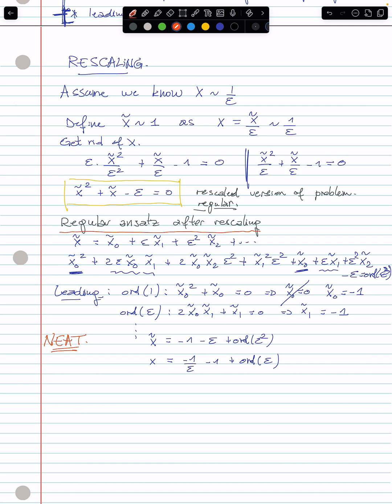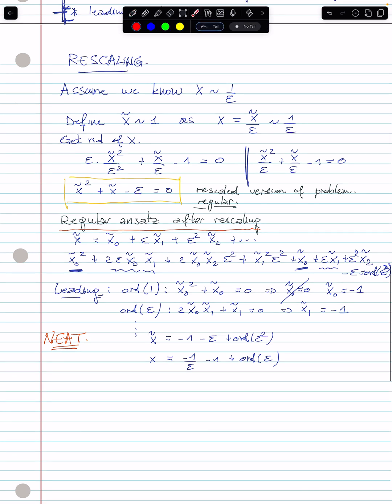Okay, so I suggest to have a short break over here. We will discuss later in the next video how we could have determined what is really important. This is the order of magnitude of the roots. All right, there will be different techniques for that, and they are going to be discussed in the next video. Okay, for now, keep in mind that a problem is either singular or regular.